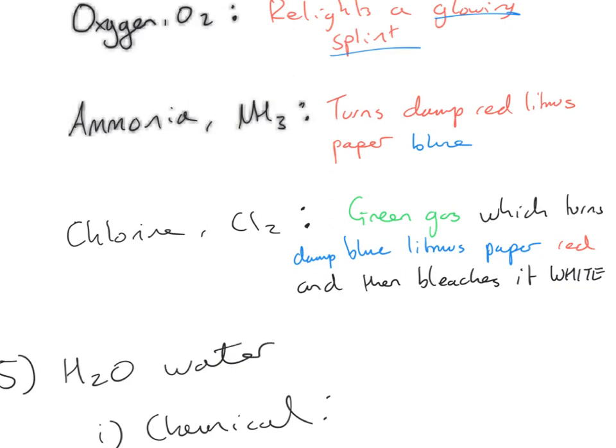So there are 1, 2, 3, 4 things to remember. 1, green gas. 2, damp litmus paper. 3, that turns red. 4, it then bleaches it white.